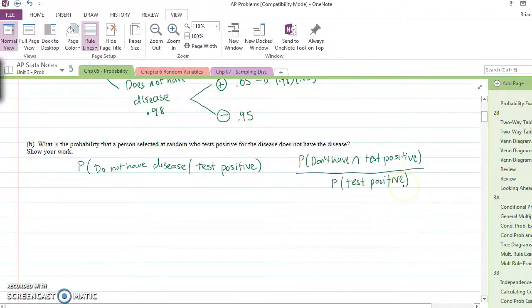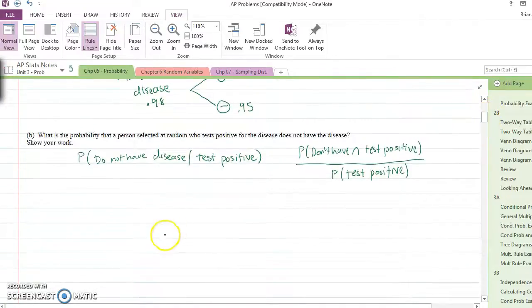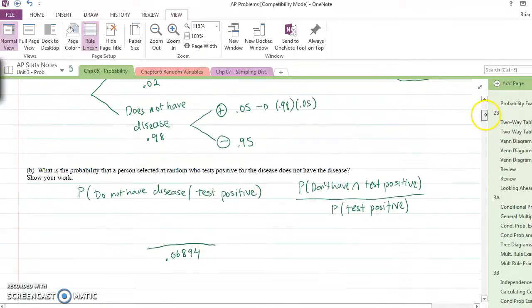Okay? And since we already have the probability that they test positive, that's 0.06894, all we need to do is find the probability that they don't have the disease and they test positive.